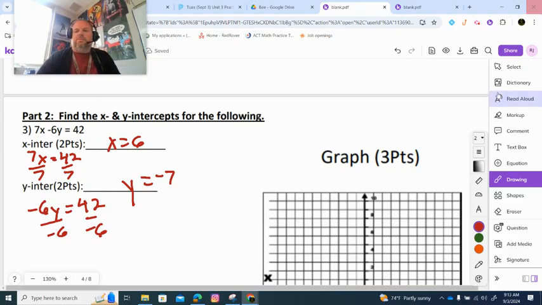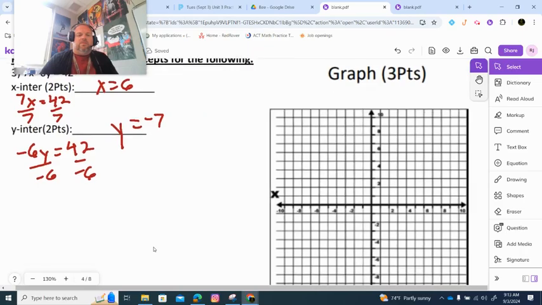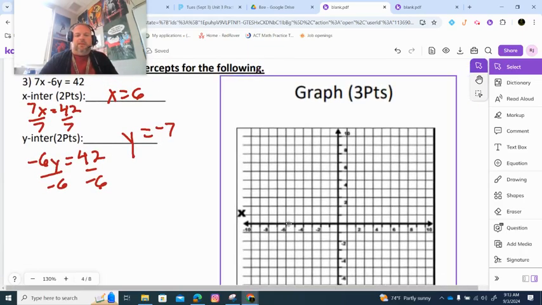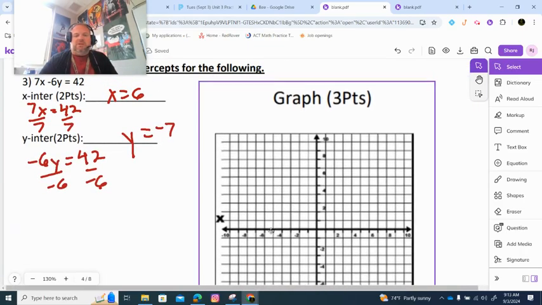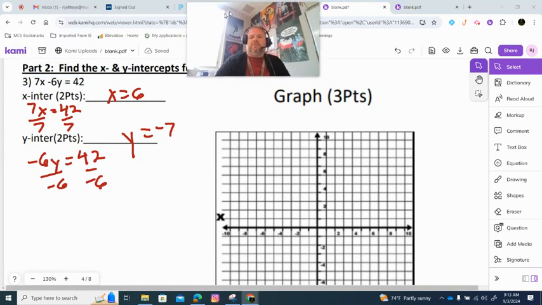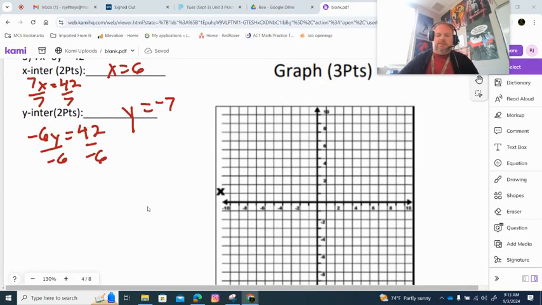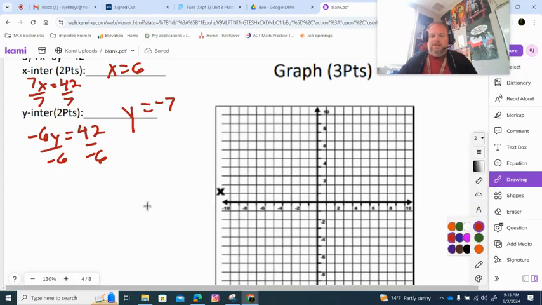All right. So remember, we're going to divide. It doesn't matter if it's a negative or not. We're going to divide each time. All right. I need to move myself over. Okay. So 2, 4, 6.